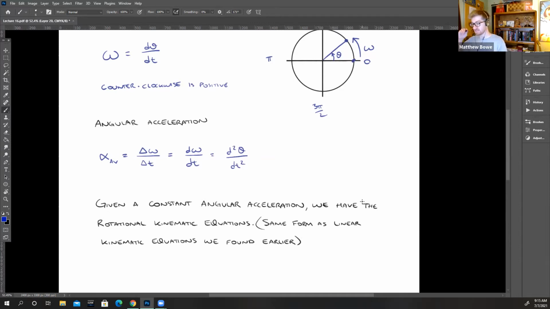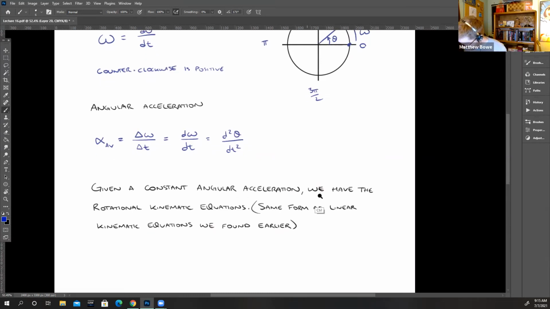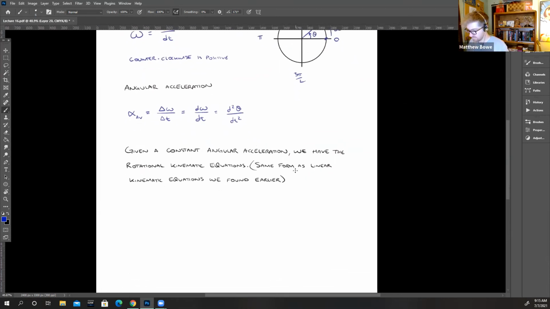It could have a constant angular acceleration of 0. That also counts. But in this case, and from what I've said before, it's the same exact form as the linear kinematic equations. Only thing that's different is the symbols we're using. That's to clarify that we are talking about something that is spinning.